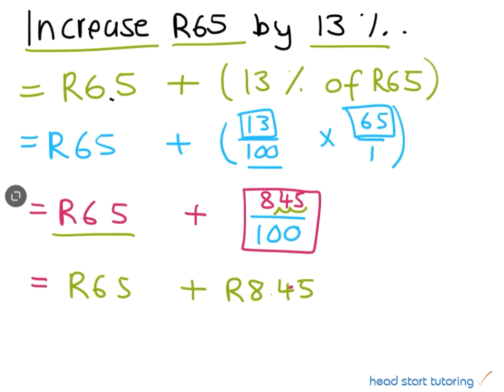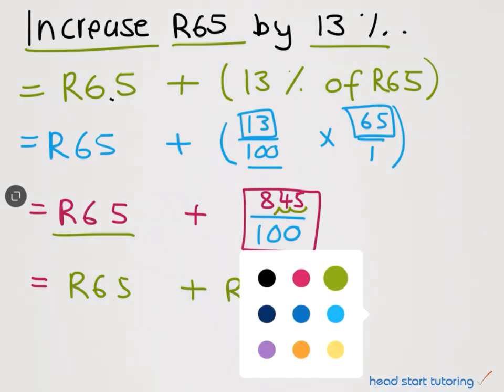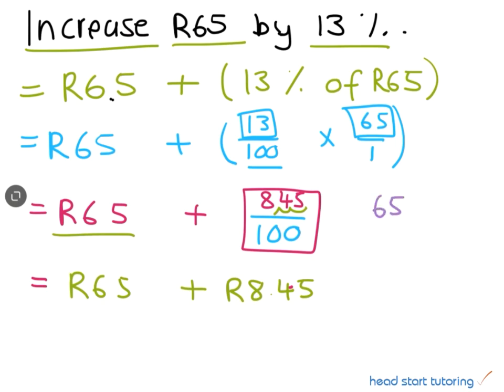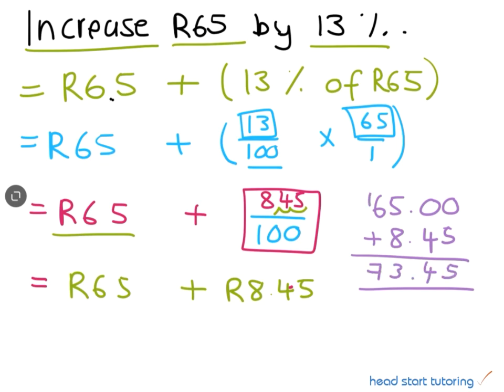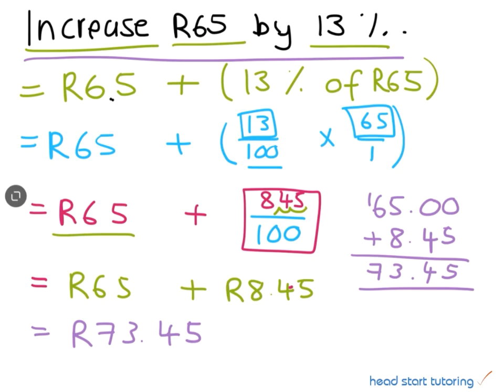And we work out 65.00 plus 8 Rand 45. And that gives us an answer of 73 Rand 45 cents. So increasing 65 Rand by 13% will give us an answer of 73 Rand 45.